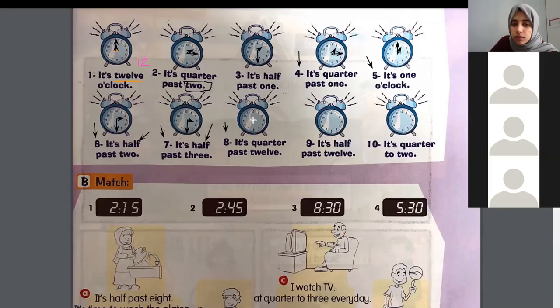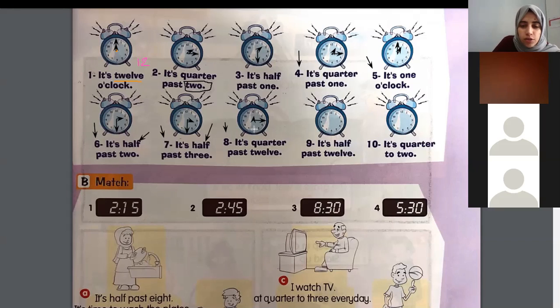No. You have quarter past. So what do you think the answer should be? 3. Because I have quarter past, the long hand should be at 3. And they said quarter past 12, so the short hand should be close to which number? 12. Excellent. So it should be close to 12. Thank you, Yamin.